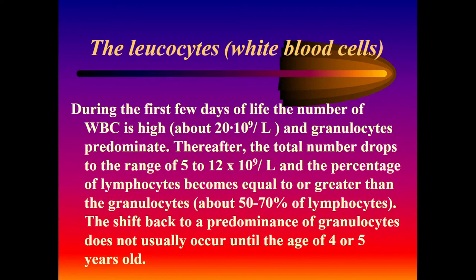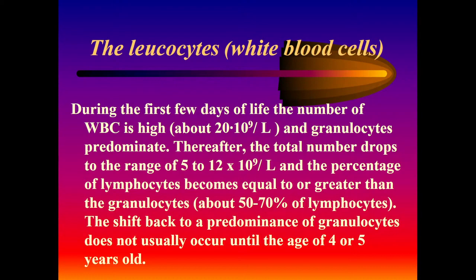You can see in these slides that during the first few days of life, the number of white blood cells is high, on average about 20 times 10 to the 9th per liter, and granulocytes predominate.